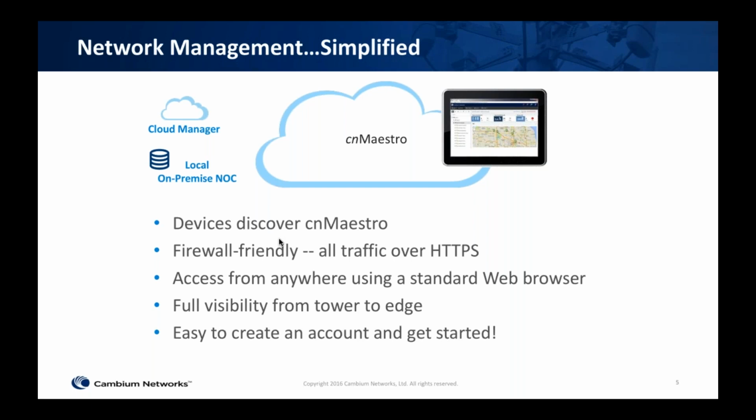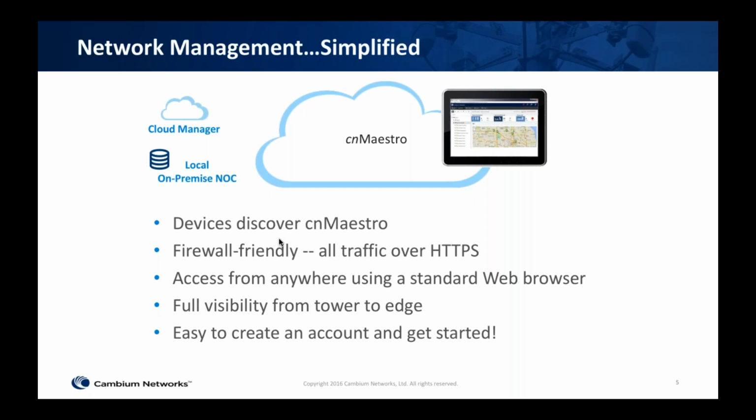So it gives you the full visibility of the tower to the edge. At Cambium, we have a policy that we can do everything wireless. We can cover all your wireless needs from 200 meters to 245 kilometers. So it gives you the full visibility of all Cambium products as backhaul products, PMP 450, ePMP, cnPilot.